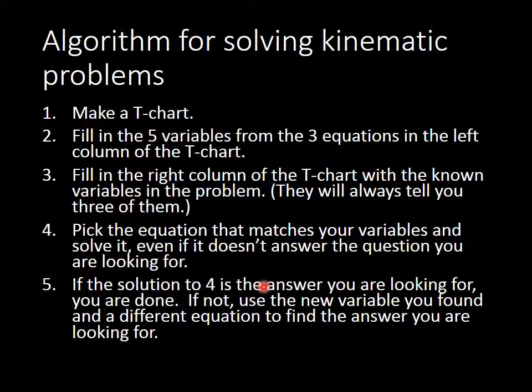But if it's not, what you need to do is use the new variable you just found, pick a different equation that has that variable and two other variables, and solve for the one that you need. So if you do have something that's basically two of those variables at a time, make sure that you get the second one if that's what they're asking for.